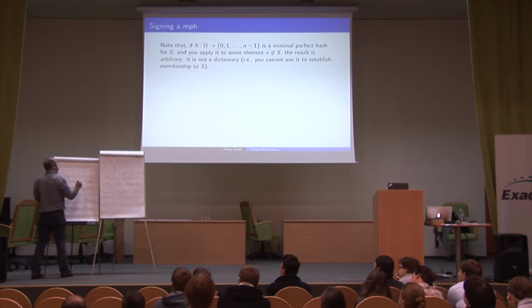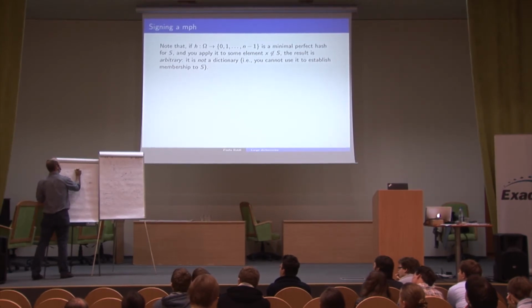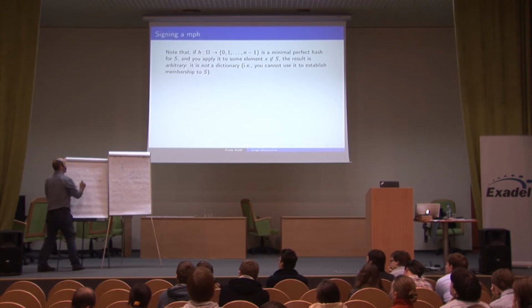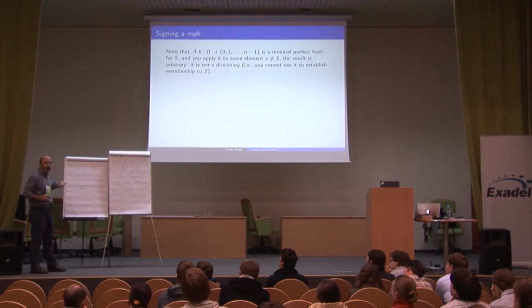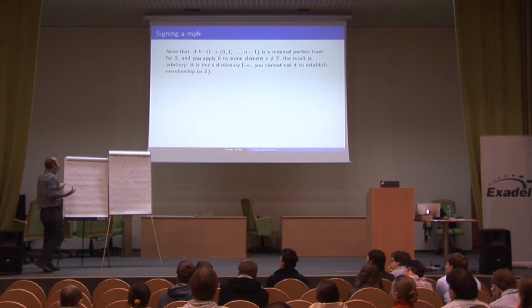And what happens if you try to apply H to an element that is not part of S? What do you think happens? Nothing special. H will answer a number. Of course, what you should say is that you will apply H only to the set S.